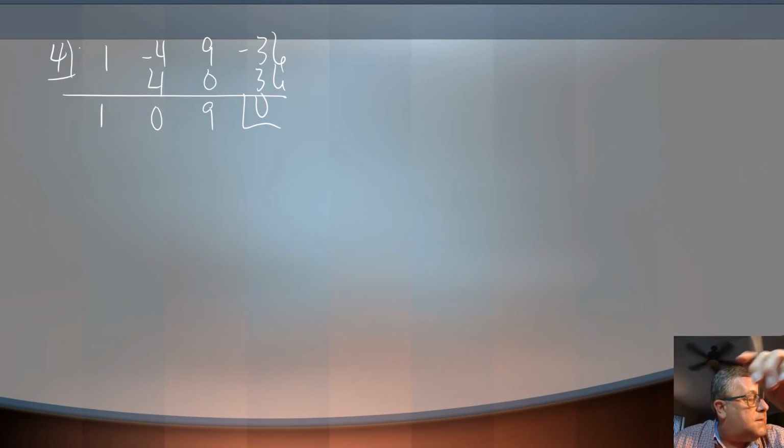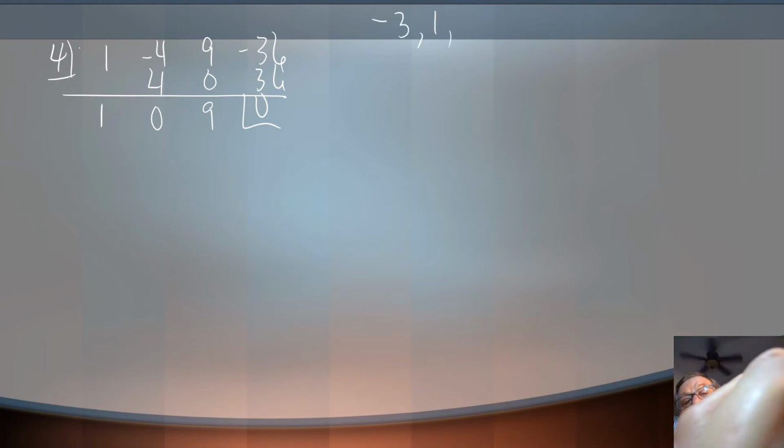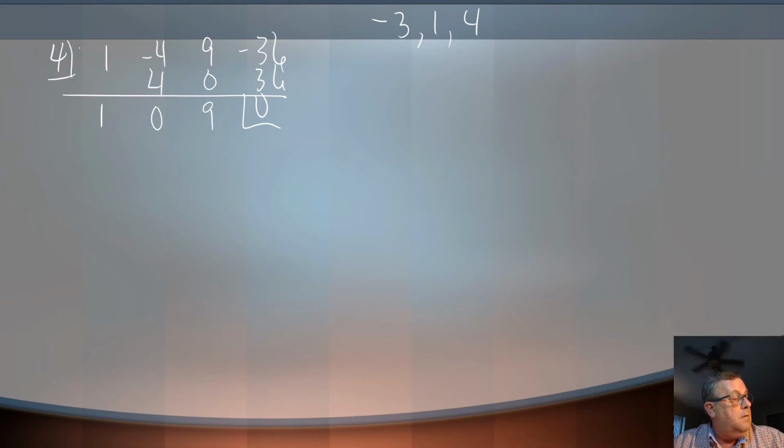So let's see. We had a 0 at -3, and 1 and 4. And now I've got an irreducible quadratic factor, which is x squared plus 9. I'm going to set that equal to 0. It's going to be an imaginary number.